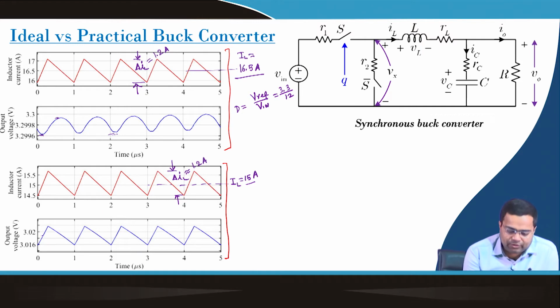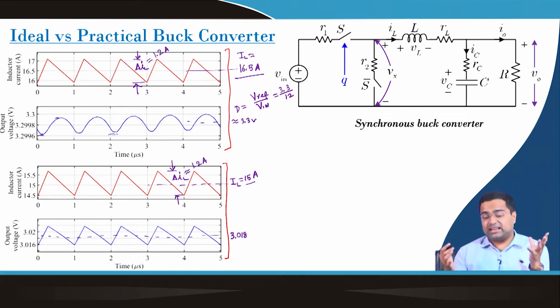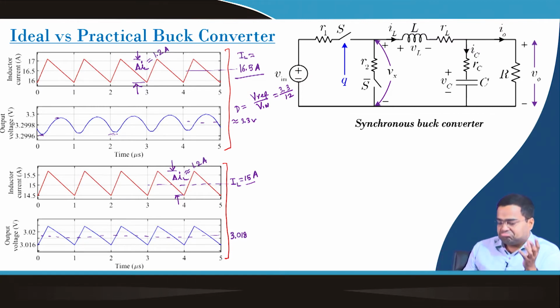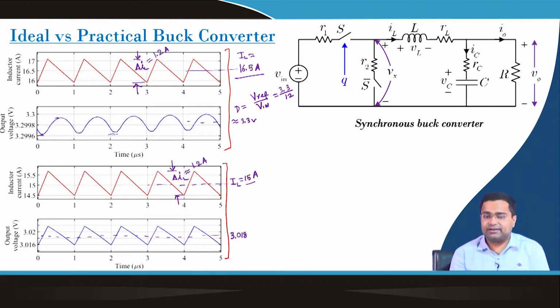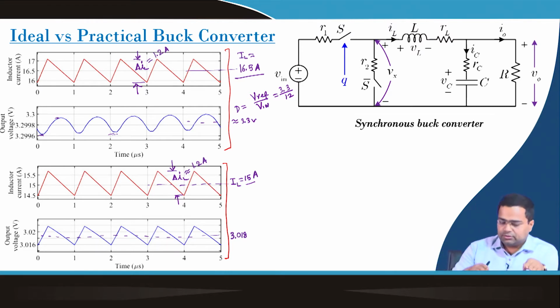What about the average output voltage? It is almost 3.018, whereas earlier it was nearly 3.3 volt. So the output voltage is reduced by almost 0.2 volt.